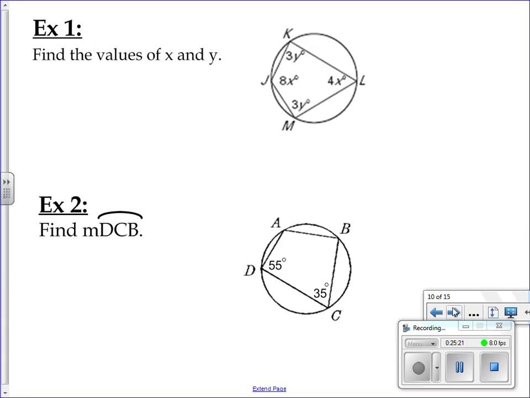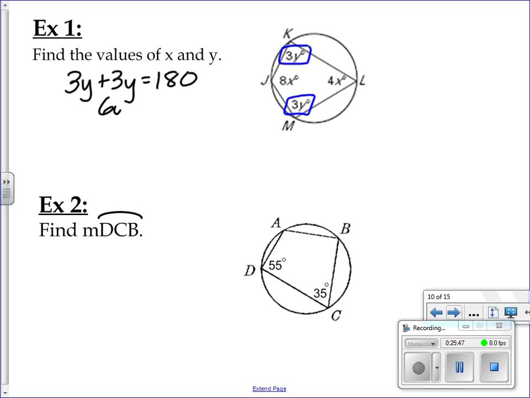So let's use that for the next two examples here. For example 1, I have an inscribed quadrilateral, and we're going to find the values of x and y. So all you have to do is look for some opposite angles. If I start with angle K, 3y, what's its opposite angle? It's F, which is also a 3y. So according to the rule, I'm going to add them up to 180.